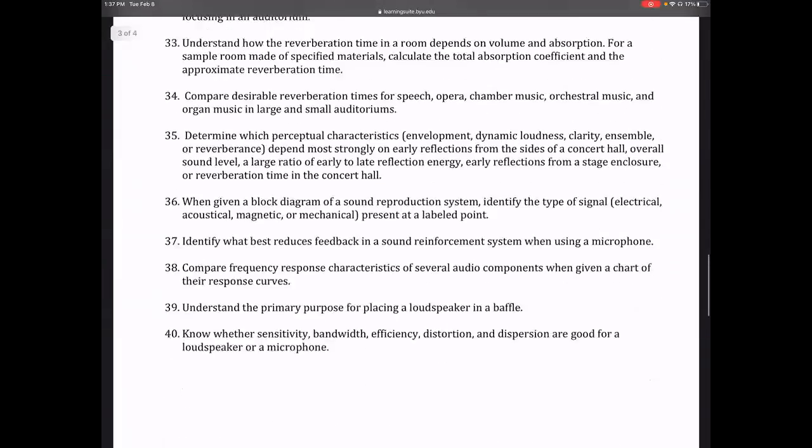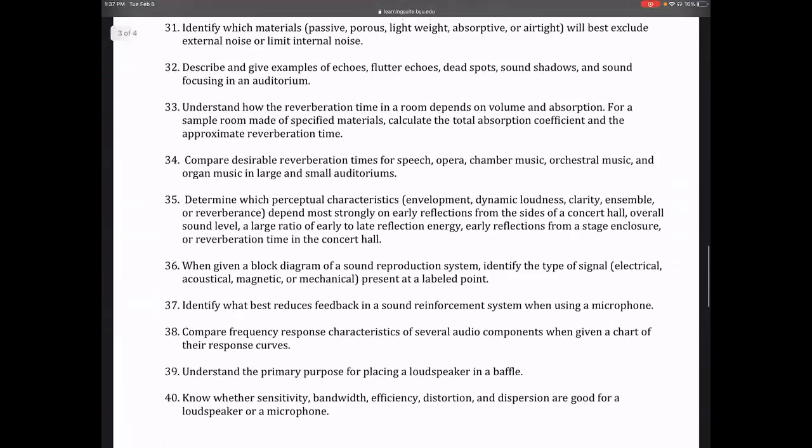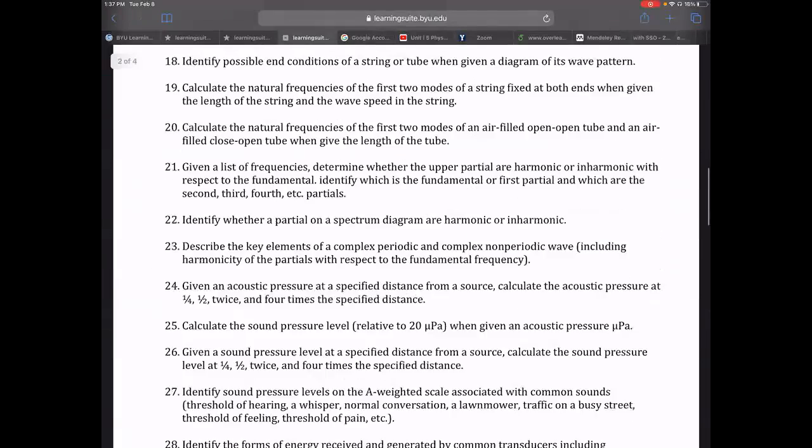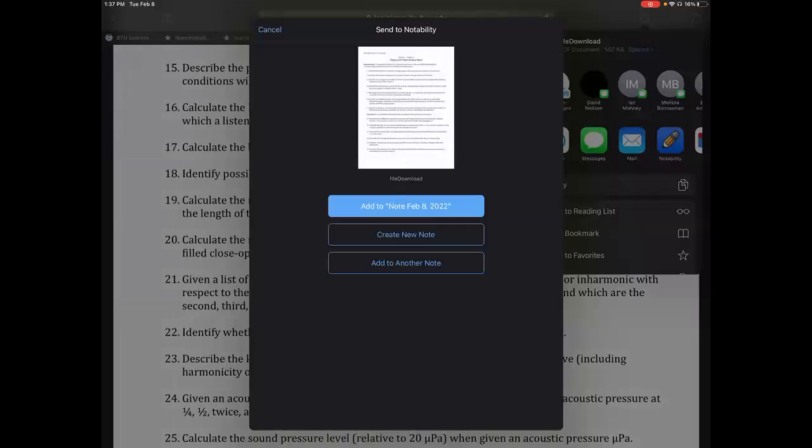So questions number 40, 38, 37, 36, 37, 39, 40. At this point, what I did, I'm going to send this over to my Notability so it's a little easier to get to and I can write on.